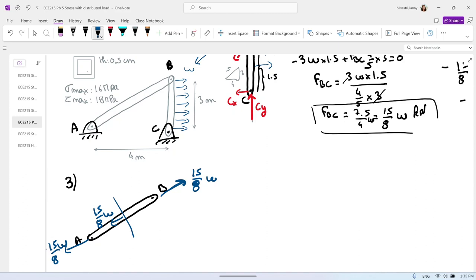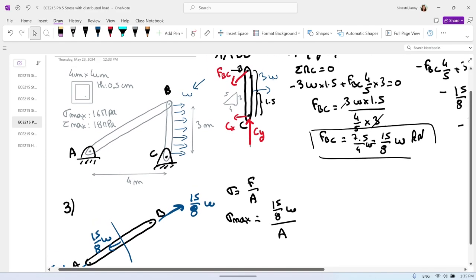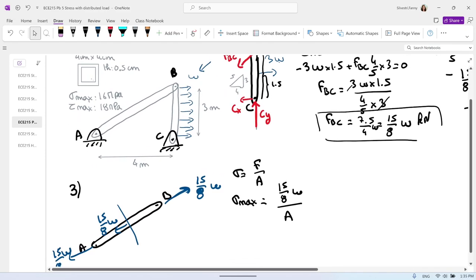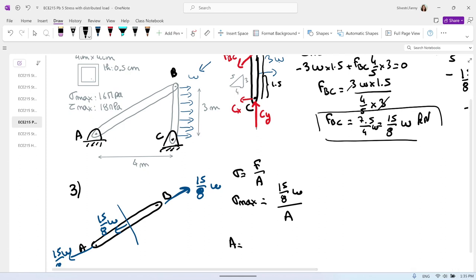So what is equal to the stress? The normal stress is equal to sigma equal the force divided by the area, right? And what we know is the sigma max will be equal to the force, so the 15/8 W divided by the area. What is the area? We need to find this area. We didn't find it yet. So the area in millimeters, because we will compare that with megapascal.